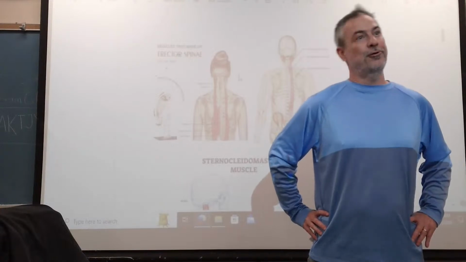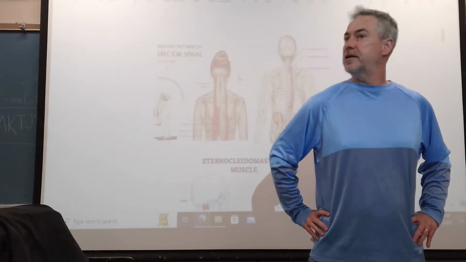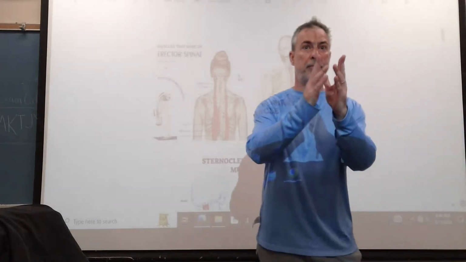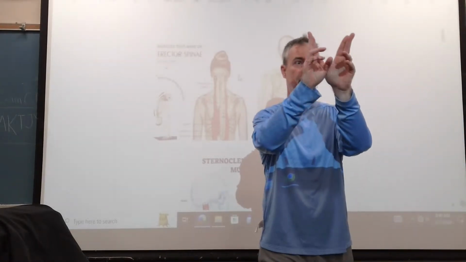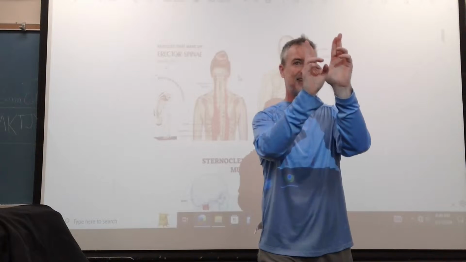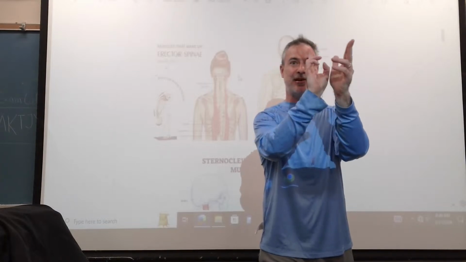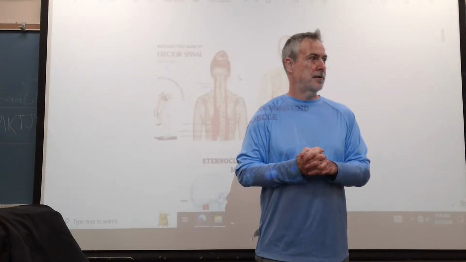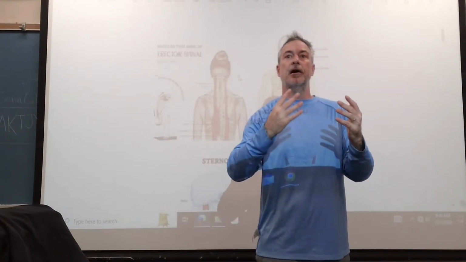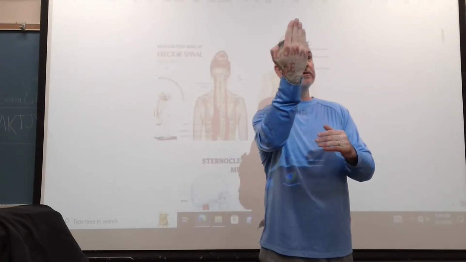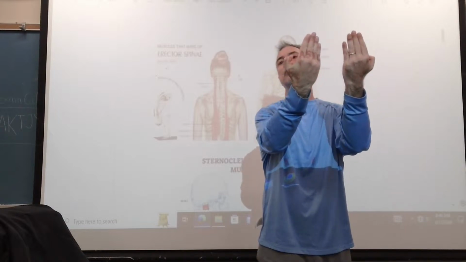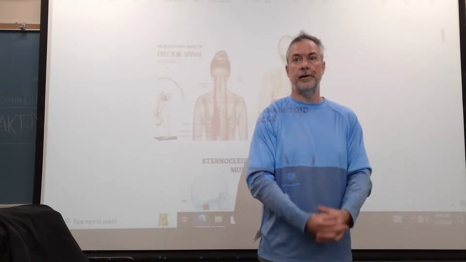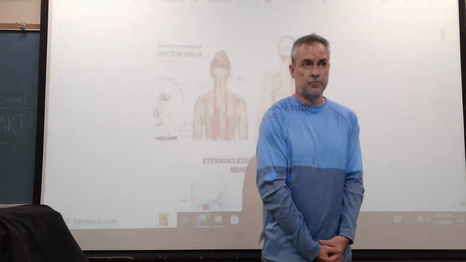They pull in opposite directions frontally, and they pull in opposite directions transversely, which is cool because that means when they're working together, they cancel out each other side to side, and they cancel each other out transversely. That should make sense. So when we're just talking about one or the other, we're going to say the right or the left. And when we're talking about them together, we're just going to say them plurally, the erector spinae. Make sense?